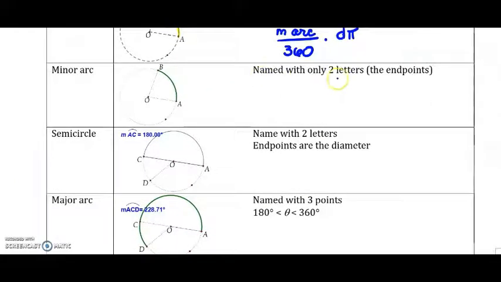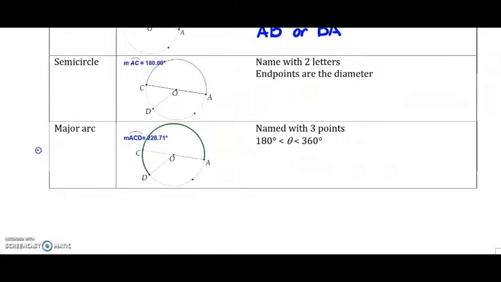A minor arc is named with only 2 letters, the endpoints. A semicircle is a half of a circle, and it is also named with only 2 endpoints.